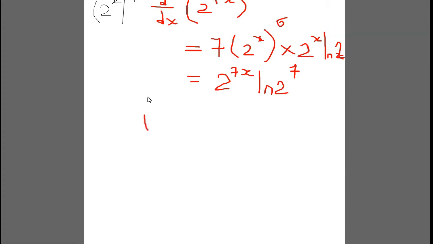So let's say I ask you to integrate d by dx of 2 to the 7x.